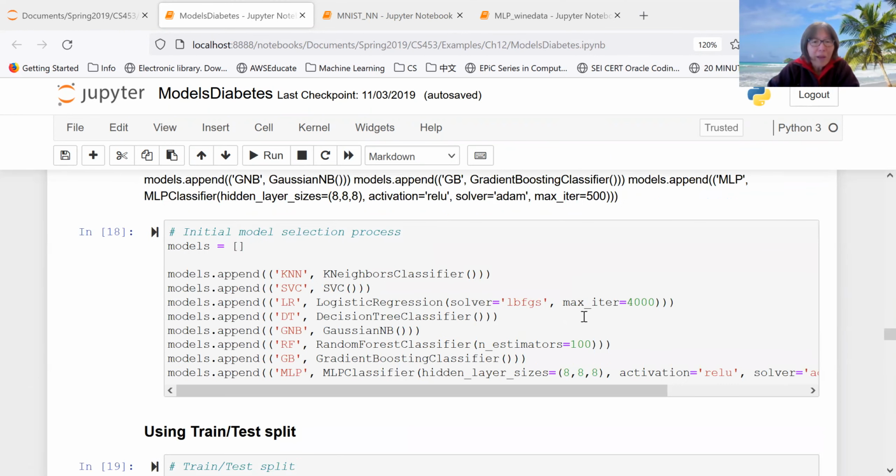Over here, we set up a list to store all of the models, and we just keep appending, like a key-value pair: you have the name of the model and the model itself.